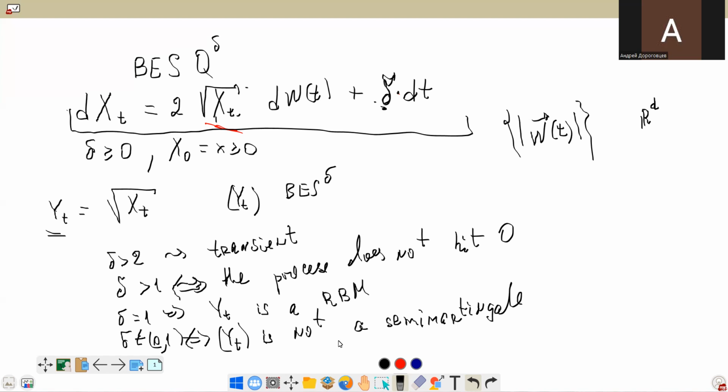We can say the problem arises only at 0. Yes, exactly. So this process hits 0 but is not a semi-martingale. And we can apply the Ito formula and write down the stochastic differential equation for y up to this moment. Yes, and the question is what happens later.